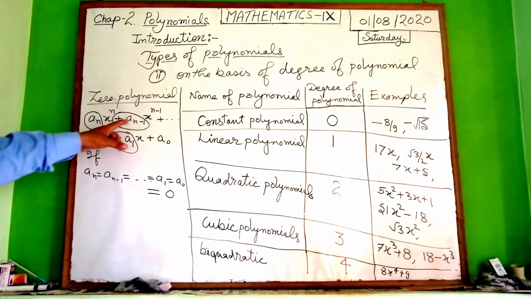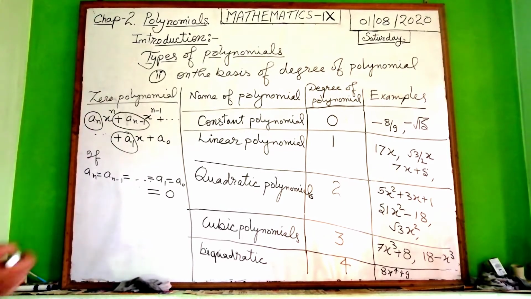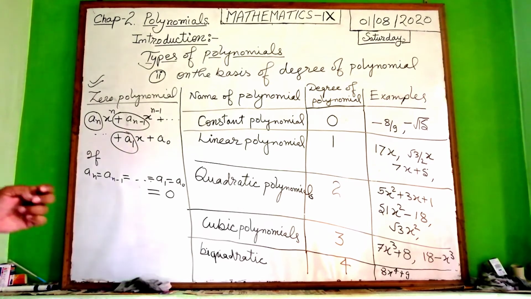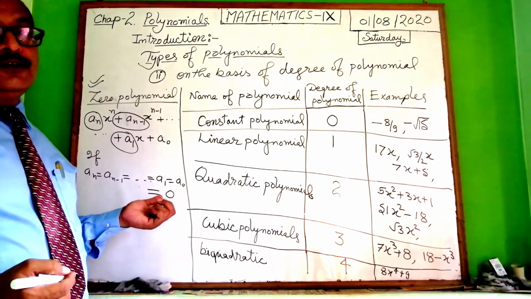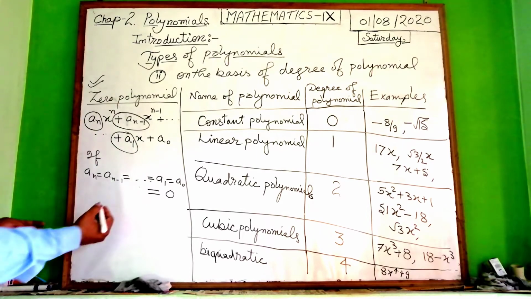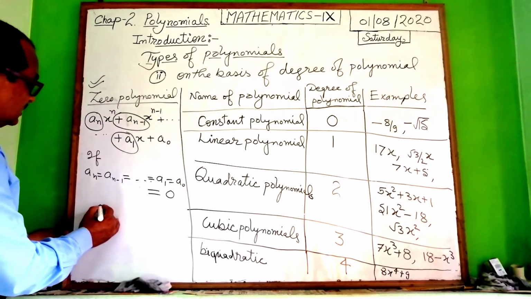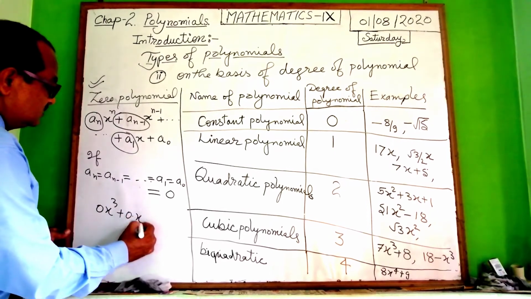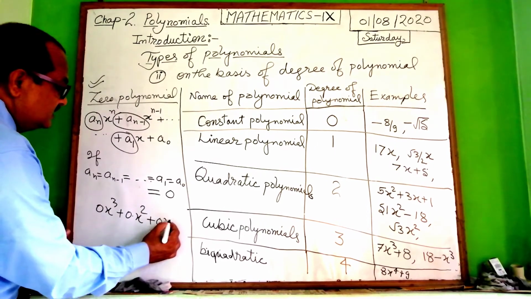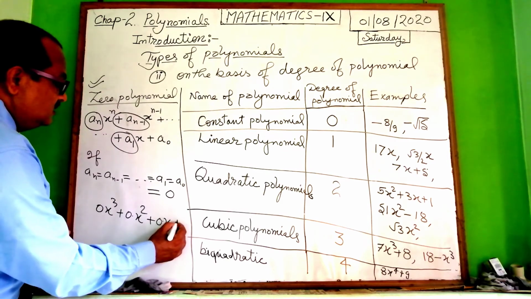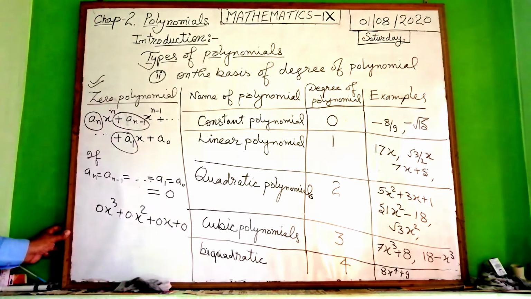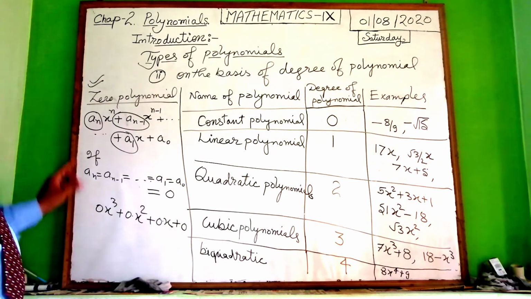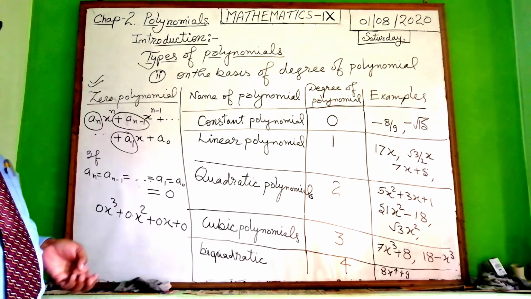If all the coefficients become 0, then this is called a zero polynomial. So the concept of zero polynomial is clear for all. One example I would like to write: 0x to the cube plus 0 into x square plus 0x plus 0. All these coefficients and the constant term are 0. It is known as a zero polynomial.